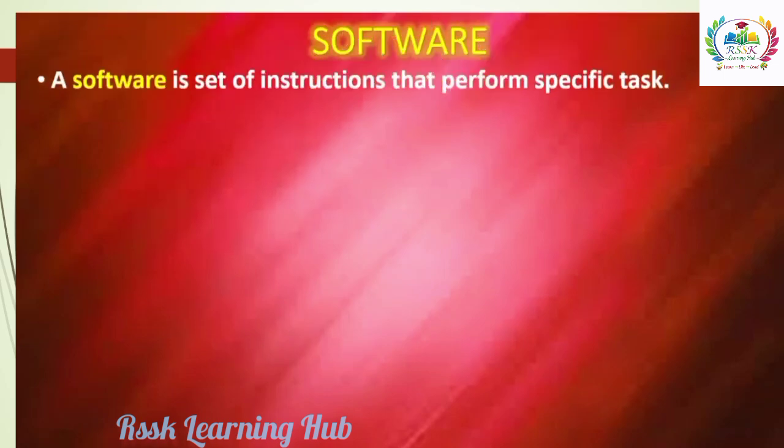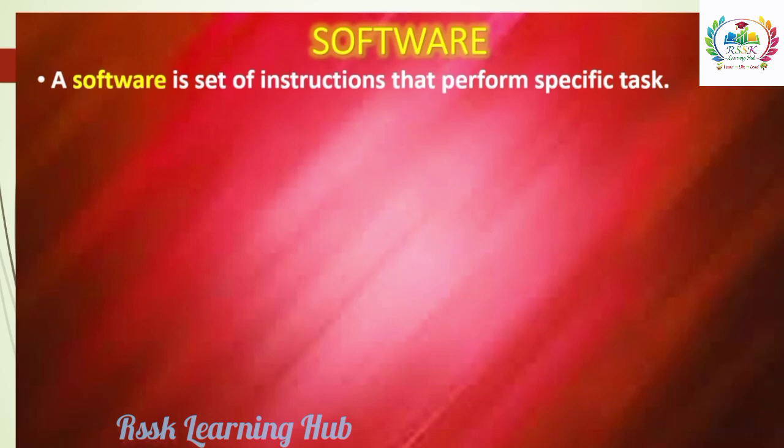Software is a set of instructions that perform a specific task. So the instruction part will fulfill the user need. How the things are developed is the basic criteria of the software design.